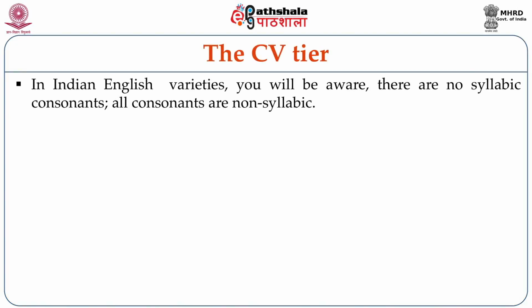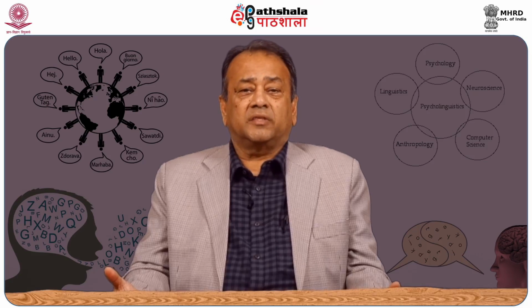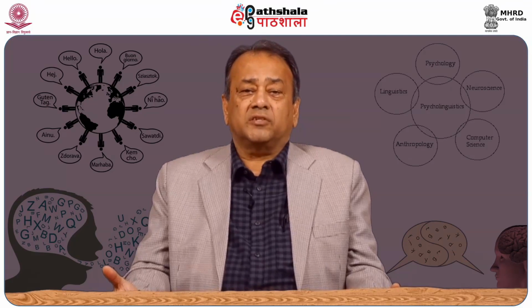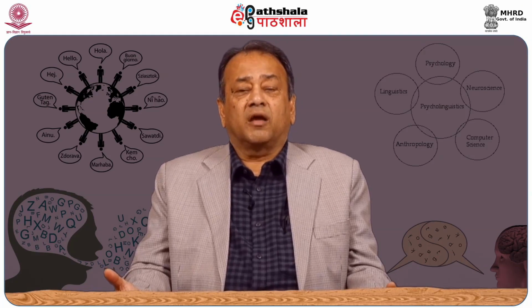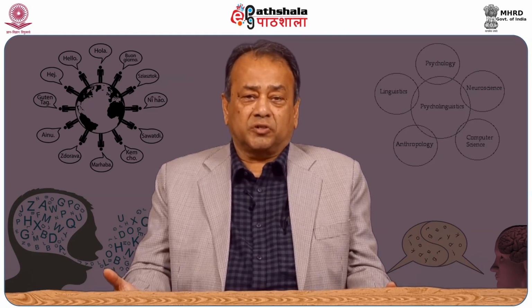Let's take a look at the difference in these two varieties of English, native English and an Indian variety of English. Most Indian varieties of English, for example, Hindi English, do not have syllabic consonants. Instead, the nasal or the liquid is preceded by a vowel between two consonants.